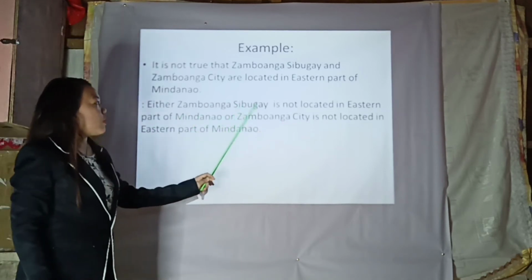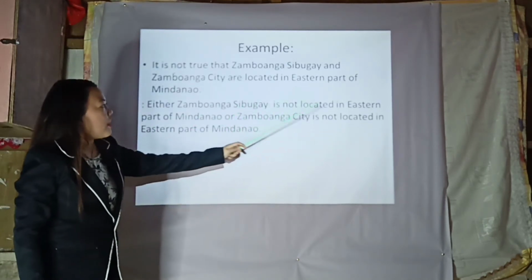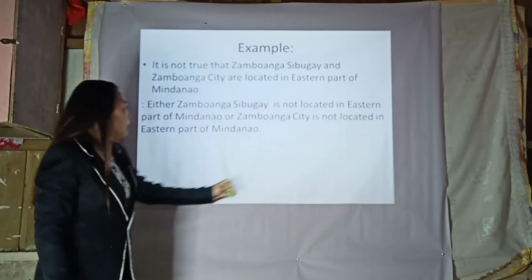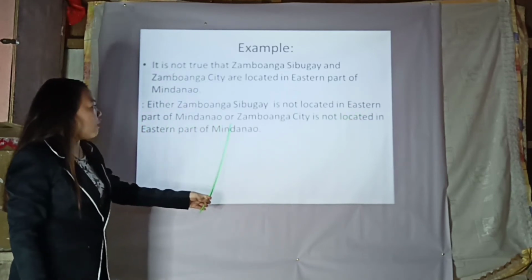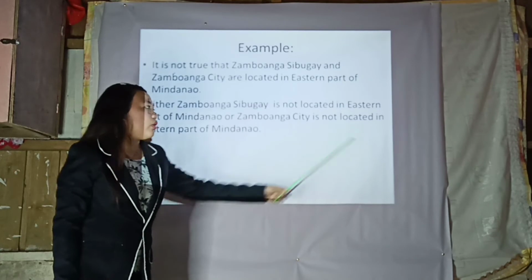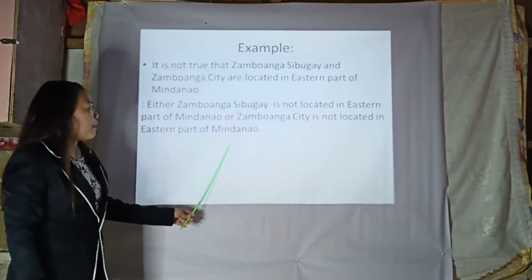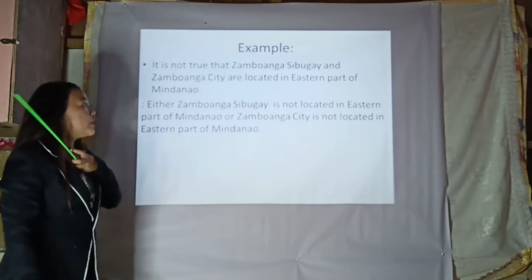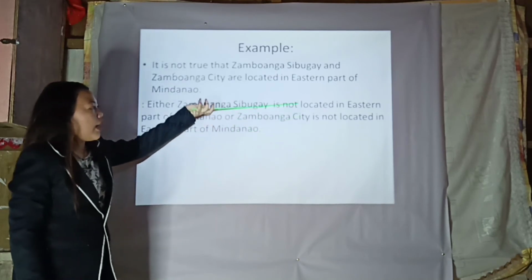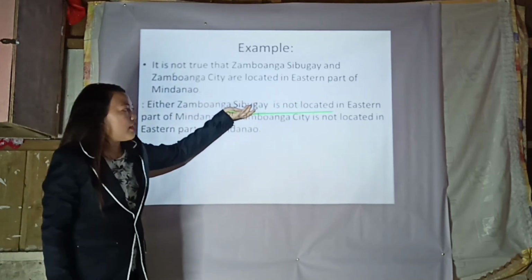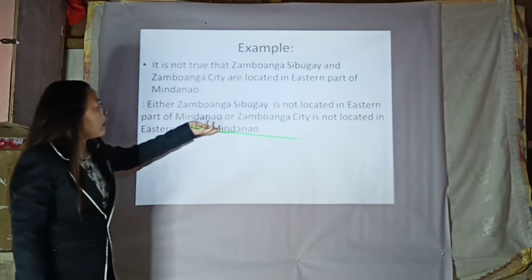either Zamboanga Sibugay is not located in eastern part of Mindanao or Zamboanga City is not located in eastern part of Mindanao. As you see, it uses not, same as here.